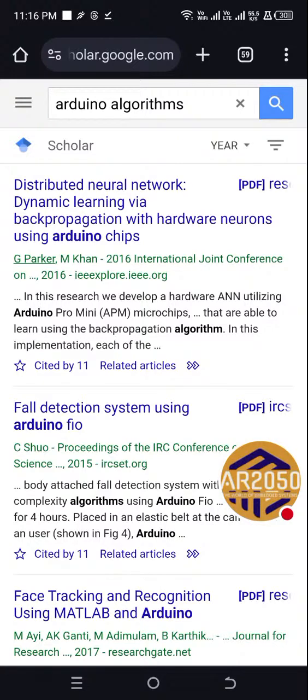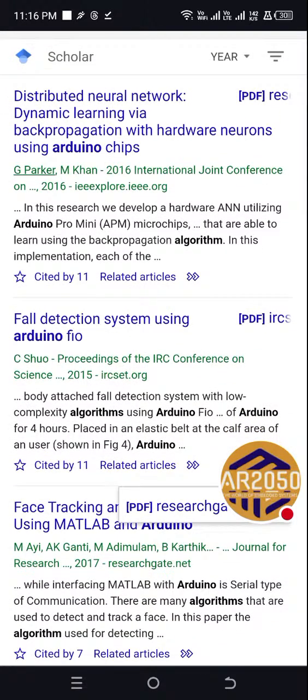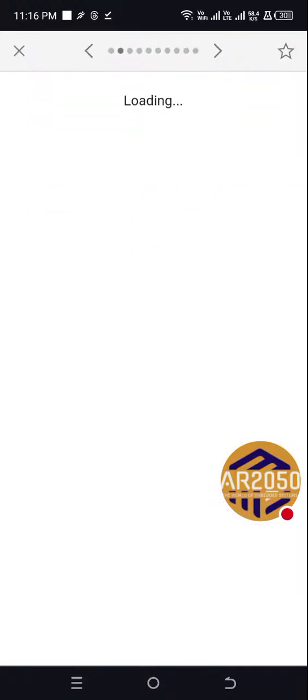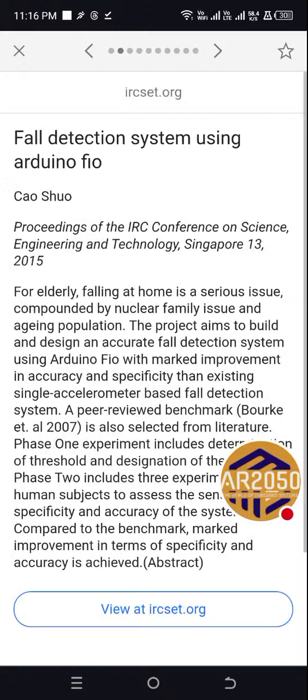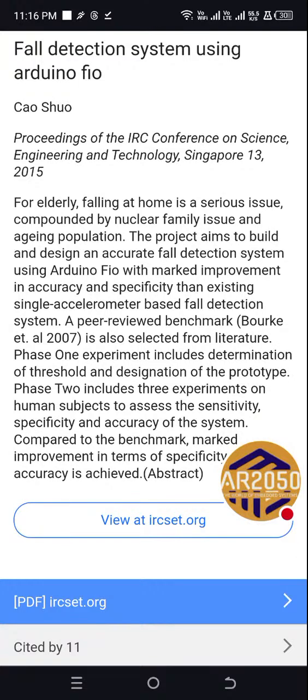Distributed neural network time. Correct me if I'm wrong. Fault detection system using Arduino FIO. What does FIO stand for here? Let me see. Oh, that's some Arduino board.